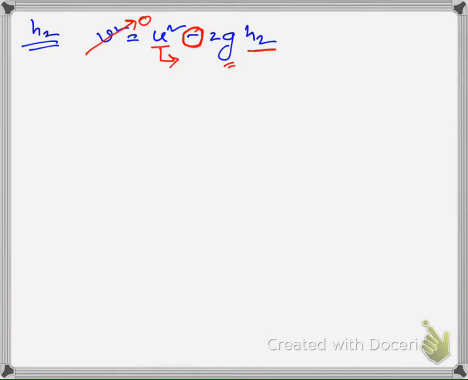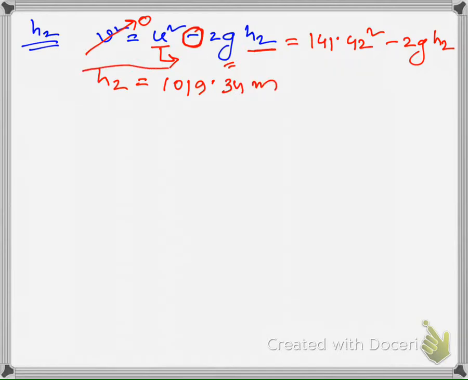So our u would be 141.42, whole square, minus twice g, we know 9.81, h2. Now if it's 0 on that side and we solve for h2, we get 1019.34 meter.